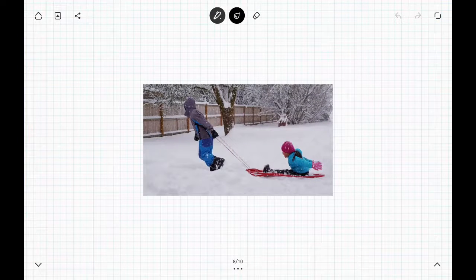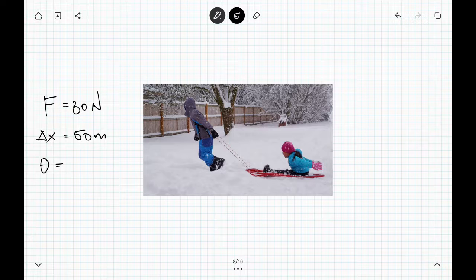So here's an image of that scenario, and we have been given information about the force, the distance, and the angle that is made relative to the ground.